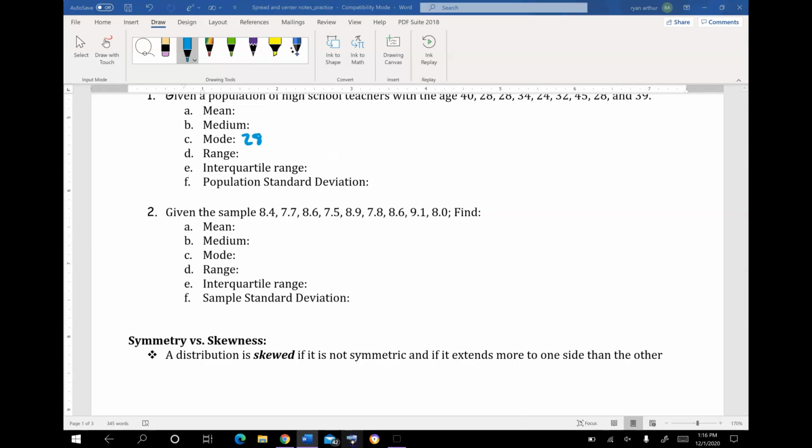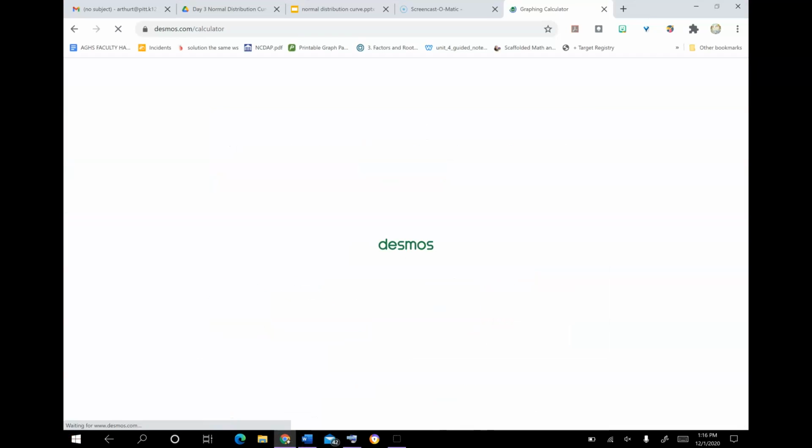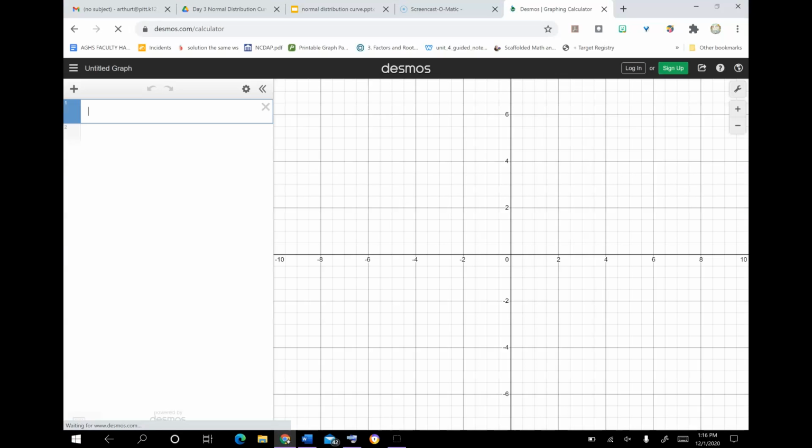So let's pull this up, and we're going to go to Desmos. So the first thing you have to do is type your list in.